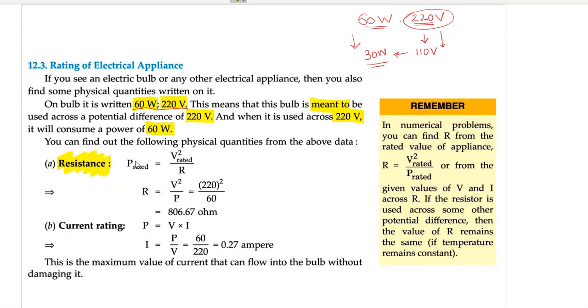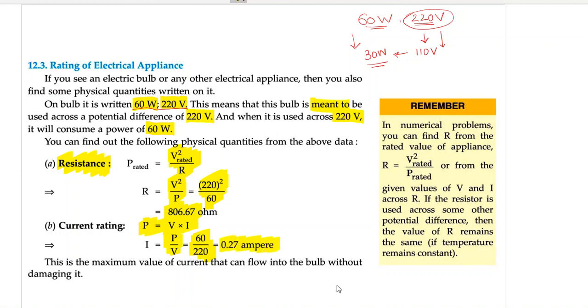The resistance will be V square by P. So, V square by P is 220 square by 60, or 806.67 ohm. You can find the current rating. P is equal to V into I, so I is equal to P by V. 60 by 220, so 0.27 ampere.